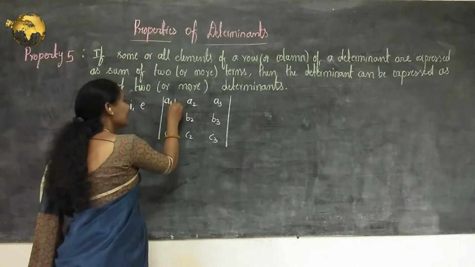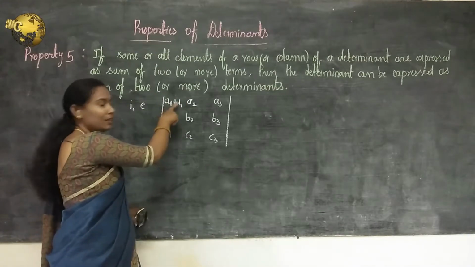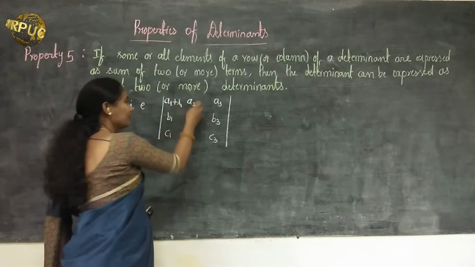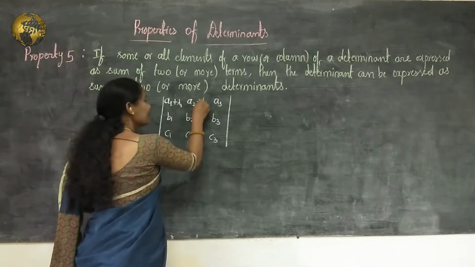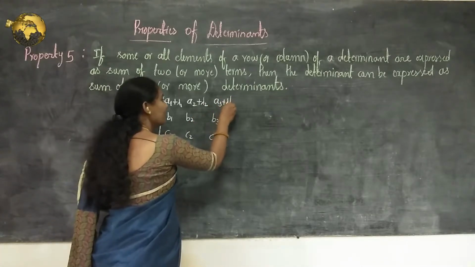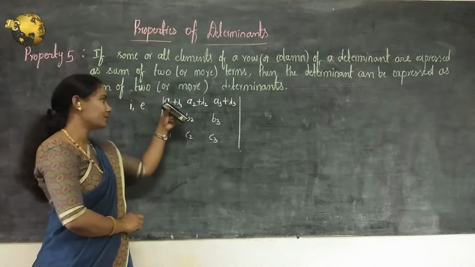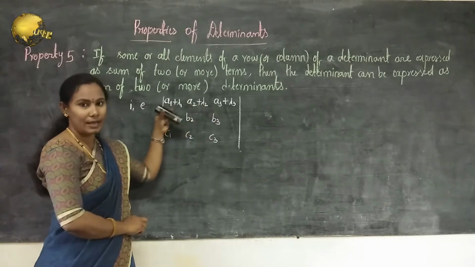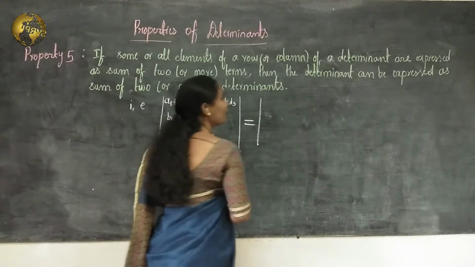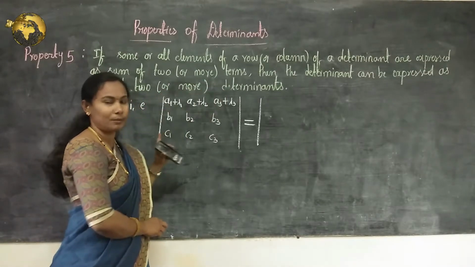So I take the first row elements as the sum of 2 terms: A1 plus lambda 1, then A2 plus lambda 2, and then A3 plus lambda 3. If I express the first row elements as the sum of 2 elements, then the value of this determinant can be expressed as the sum of 2 or more determinants.